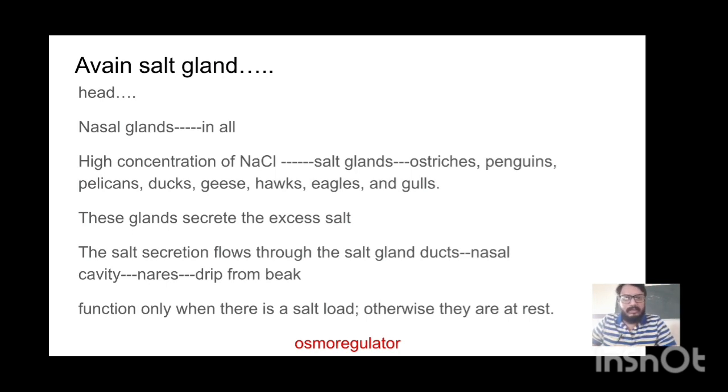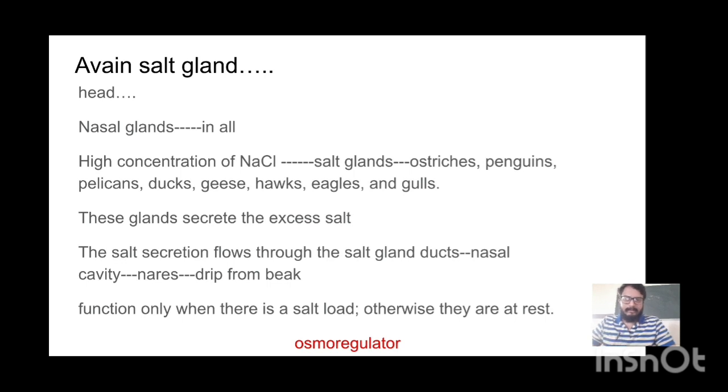Therefore, in those species they are referred to as salt glands, especially in ostriches, penguins, ducks, etc. The important point is that these glands secrete the excess salt. Therefore, other than the kidney, there is also a gland elsewhere which helps in the excretion of sodium from the body.